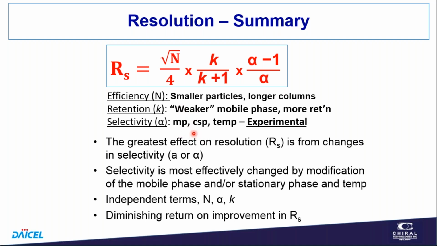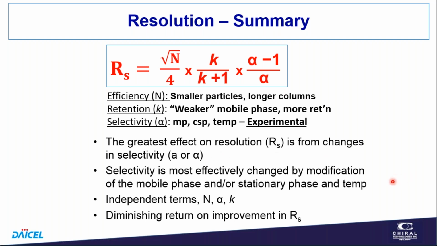Selectivity is a little more difficult because it's more complicated. It's interaction of the analyte with the mobile phase and the stationary phase, and it is affected by temperature. So this is more experimentally driven, so that makes it maybe a little more interesting, but it's less predictable. The greatest effect in resolution in liquid chromatography comes from changes in selectivity, which symbols usually use A or alpha.